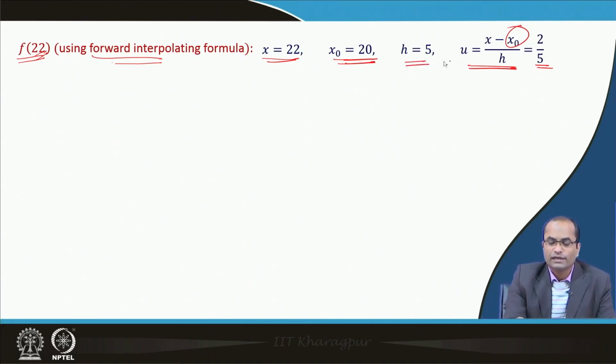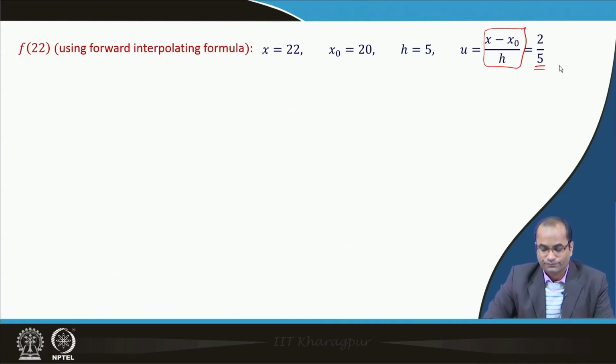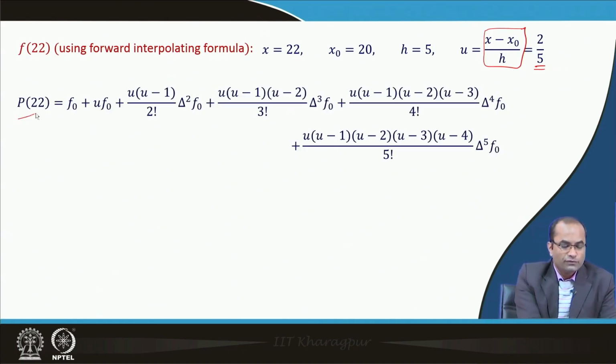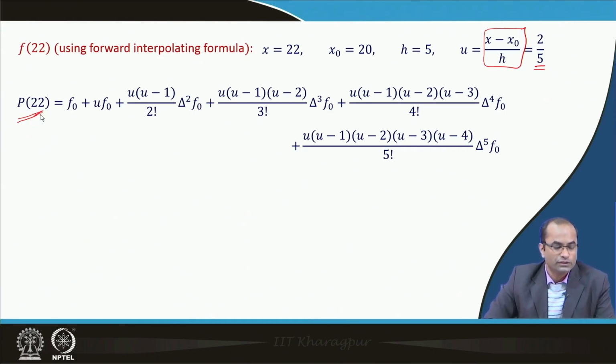So, here h is 5, and if we substitute here x minus x 0 over h, we will get 2 over 5. And then we have this formula where this polynomial in terms of u is written, and at the value 22 we want to get this done.